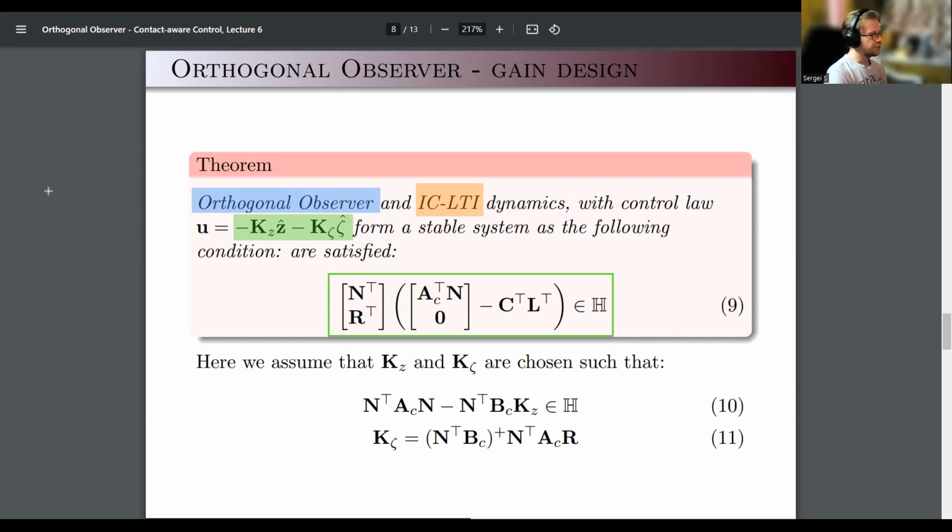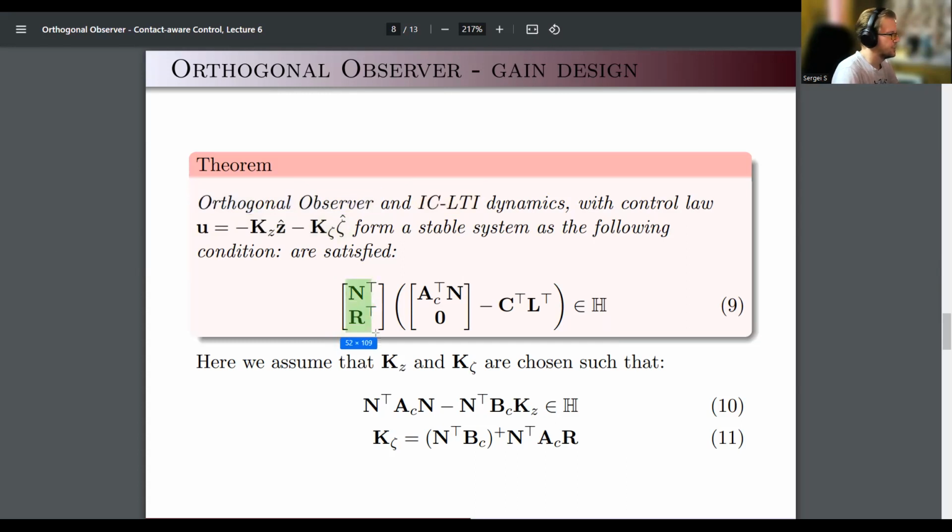So let's first understand the conditions. It is written in a very compact way, and I like to keep this compact way if possible, but it doesn't have to be. We could write it out, I guess. What we have here is the stacked transposes of those matrices.